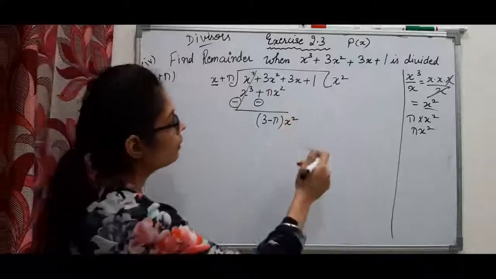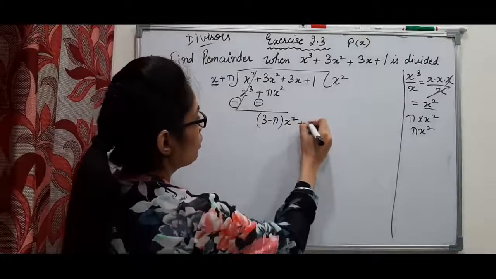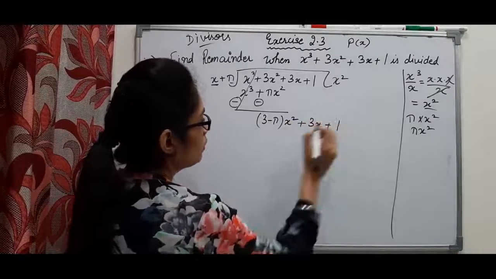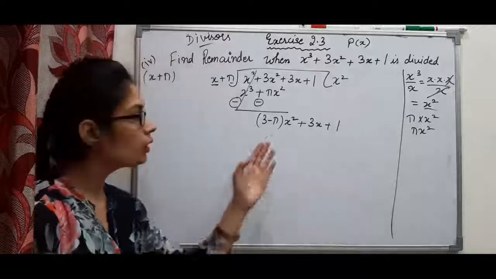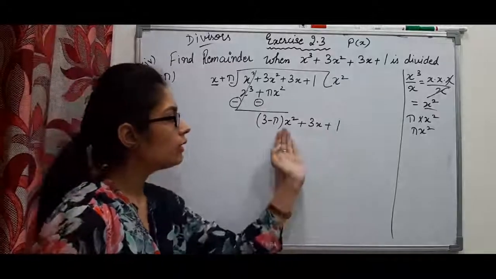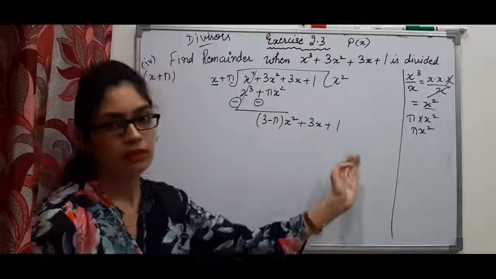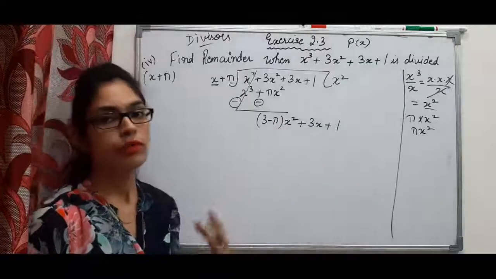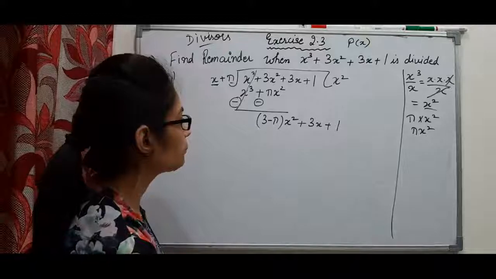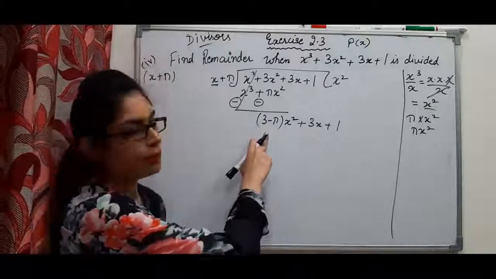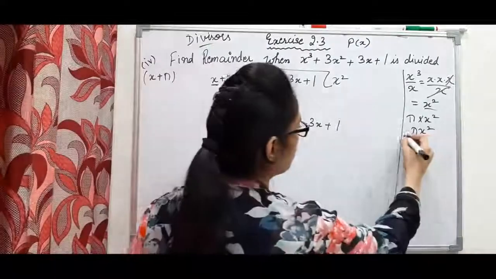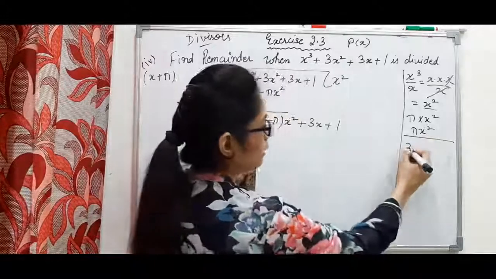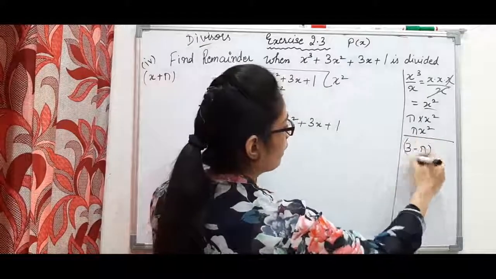Now we'll write the remaining terms, 3x plus 1. Just always try to write in order. See, x square, x, then constant. So the degree of the variable should be in order. Now first term I have to write here, which is 3 minus pi x square.